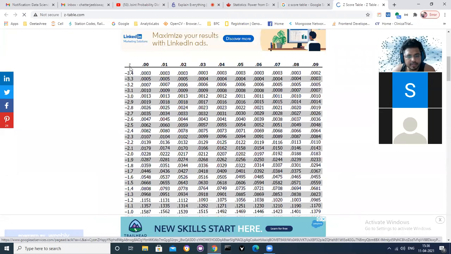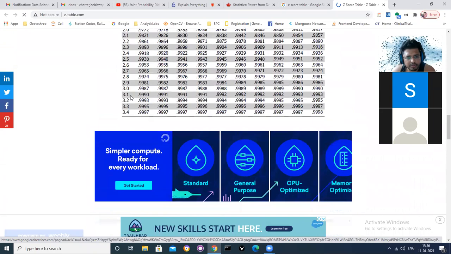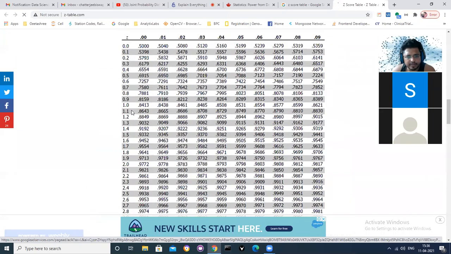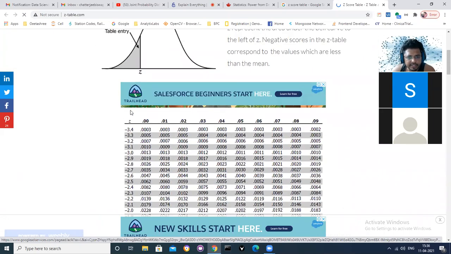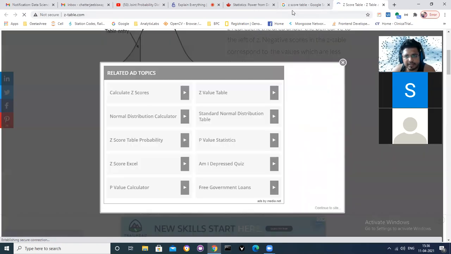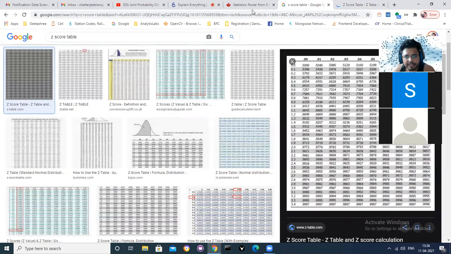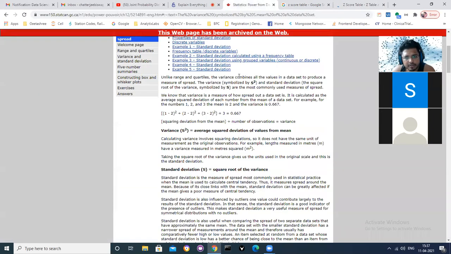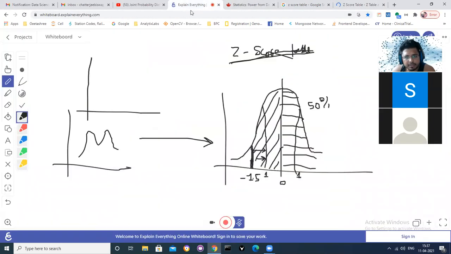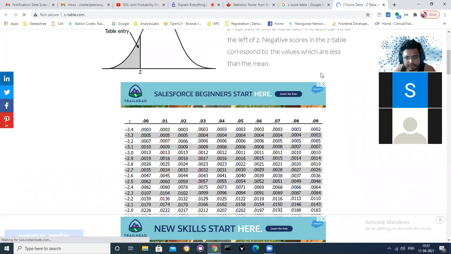Z value goes from minus 3.4 to plus 3.4. So what was our point here? Minus 1.5. So the Z value is minus 1.5.